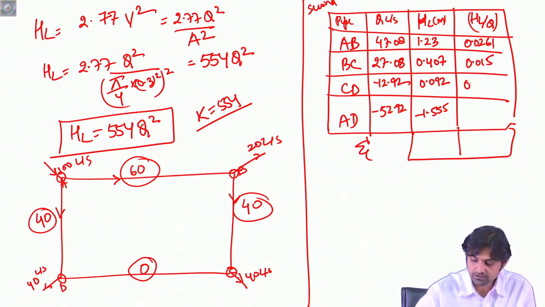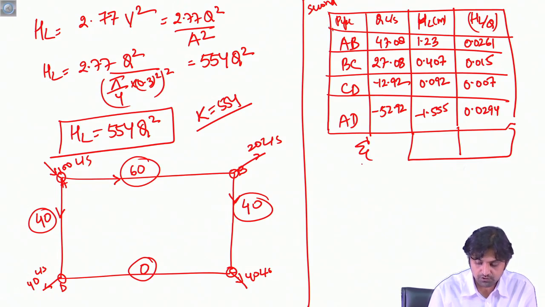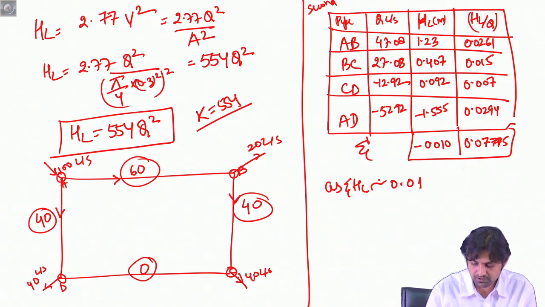0.015, 0.007, 0.0294, alright, and if you do this sum, this is going to be minus 0.010 and this is 0.07775. So, as sigma HL is approximately equal to 0.01, this is okay.